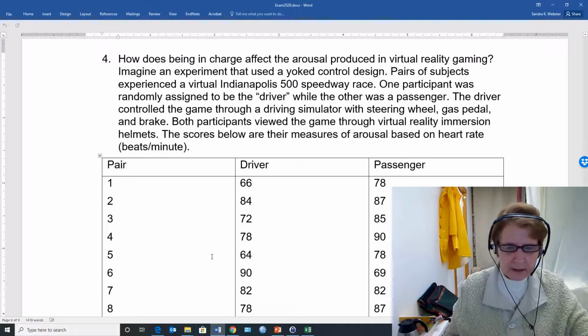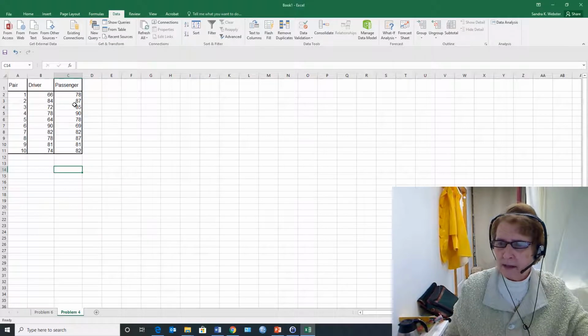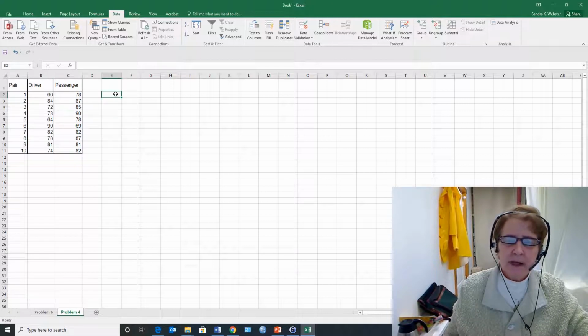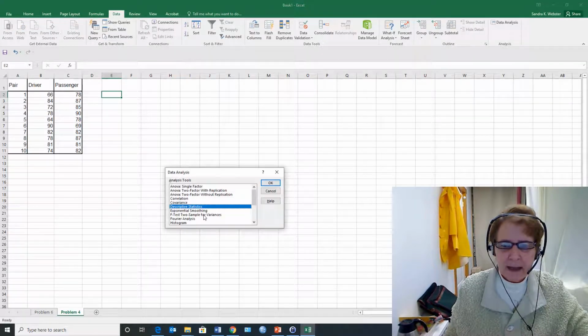Now I have copied the data over into Excel, and I have it in these columns as format. This is each pair, and one was the driver, one was the passenger. Those are the heart rates. Well, before I do any t-test, I want to understand the descriptive statistics, and so I'm going to use data analysis. You see it over here, and I'm going to choose descriptive statistics.